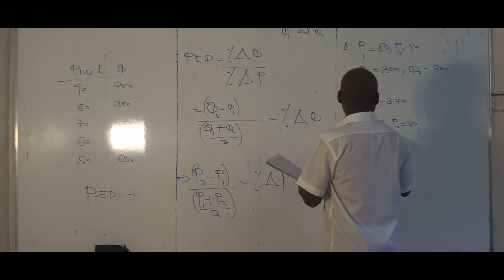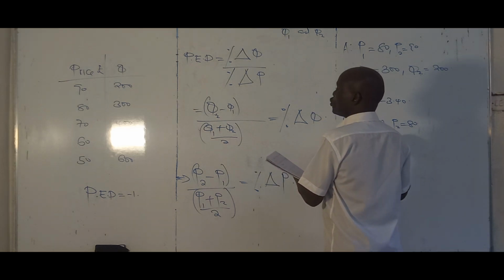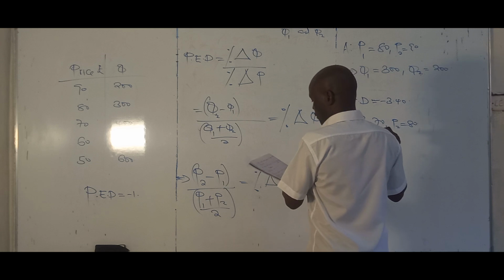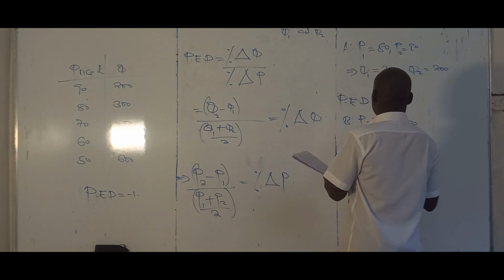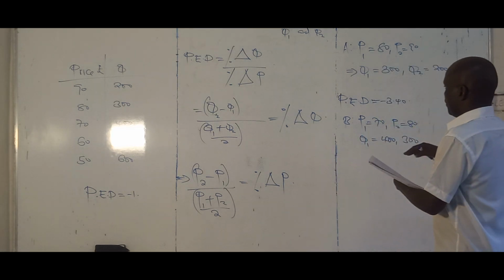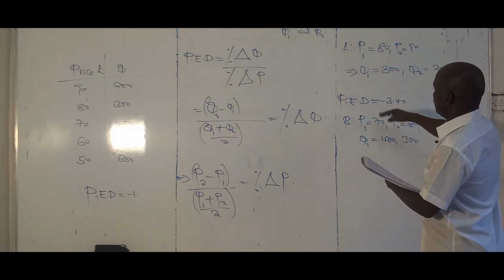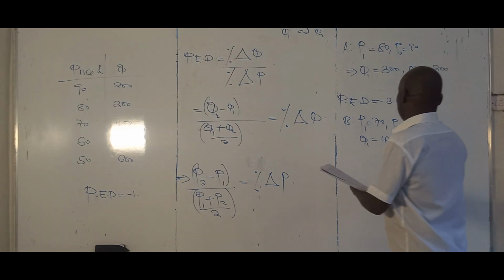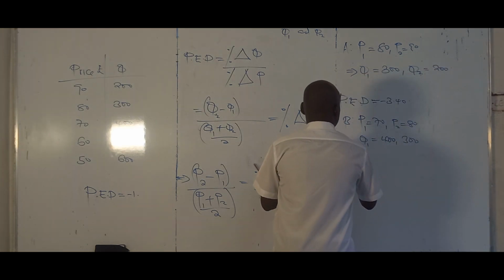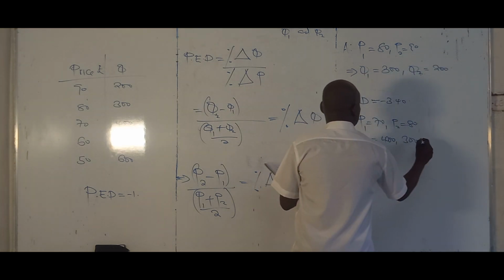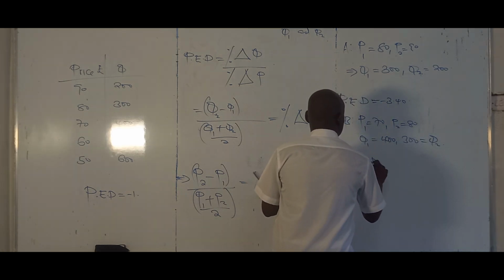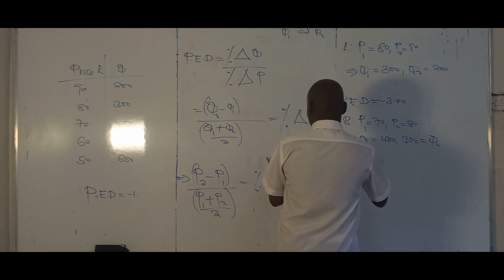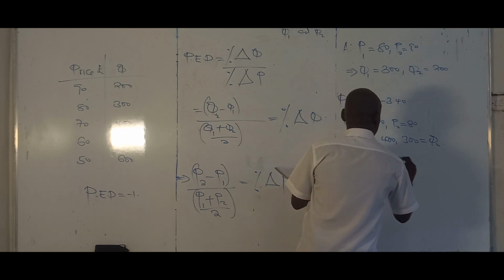Q1 is 400. Q2 is 300. If you do that throughout, you'll find that PED when it's B will be negative 2.14.